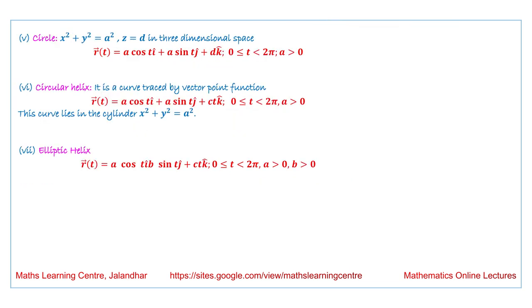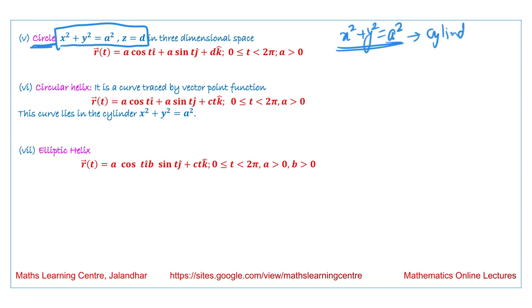Next we have the circle in three-dimensional space. If we take x square plus y square is equal to a square in three-dimensional space, it represents a cylinder. We take its intersection with z is equal to d. So this becomes a circle.